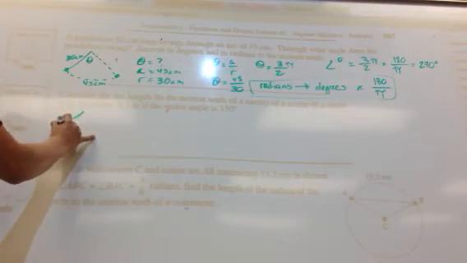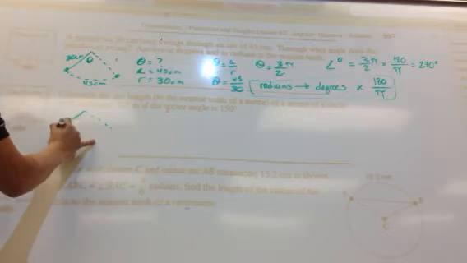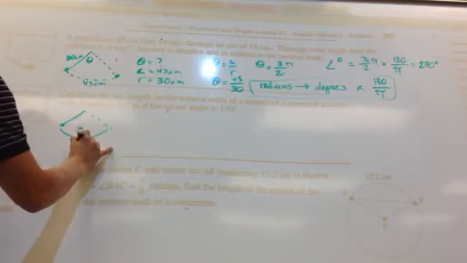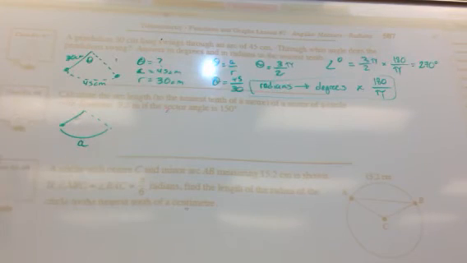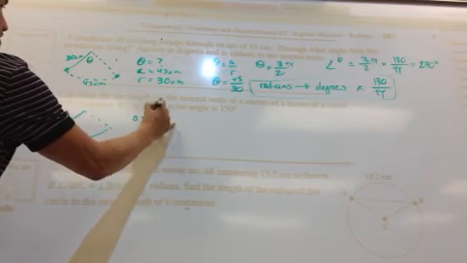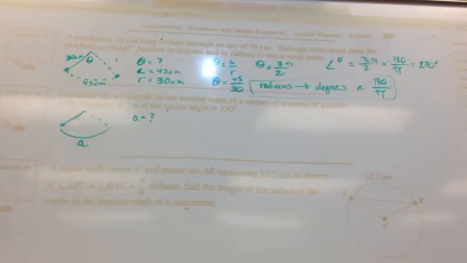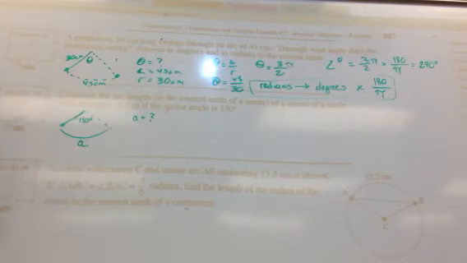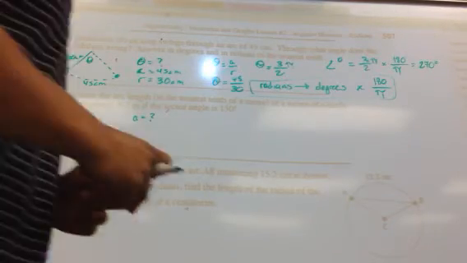We're looking for the arc length here, and you can even start making your list as you draw your picture. I'm told that the angle is 150 degrees, and I have a diameter of 9.2.